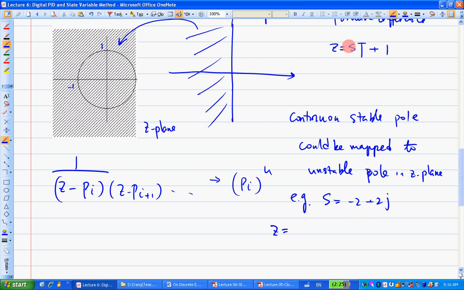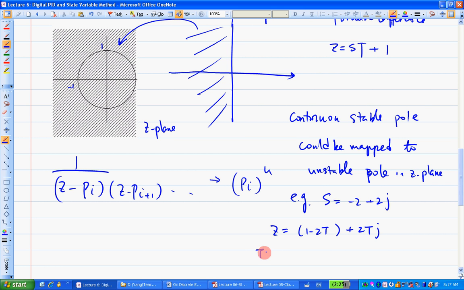It will be ST plus 1, and that gives us 1 minus 2T plus 2Tj.